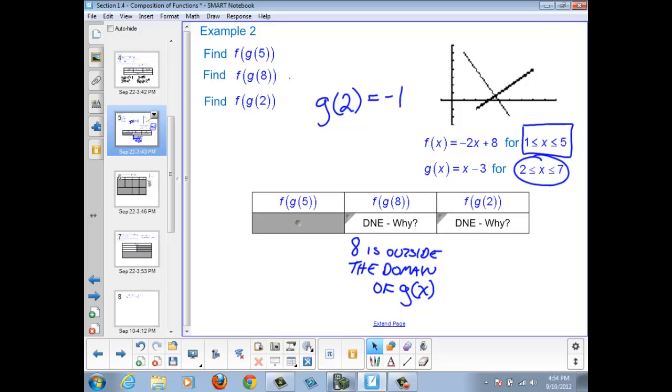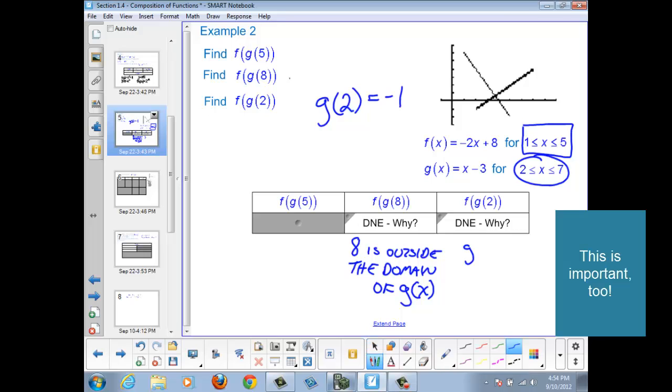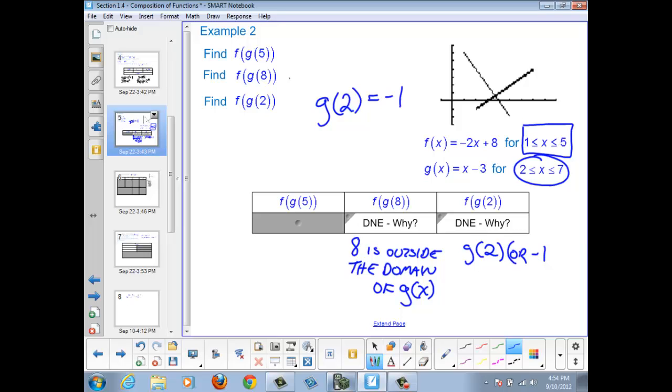Our explanation, if we should be asked why, would be that g of 2, or negative 1, is outside the domain of our outside function, or f of x.